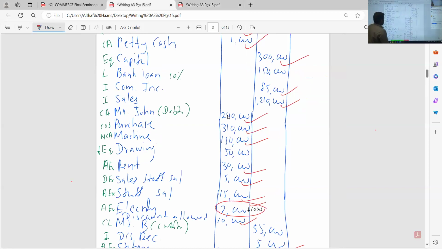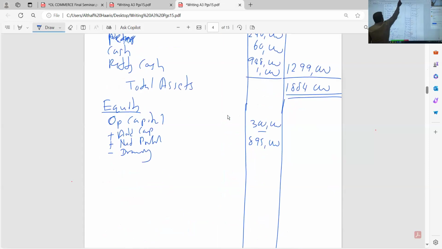Drawings 50,000. Drawings are a reduction of equity. So here what's the equity value that we are getting? 300 plus 895,500 is 895,500.